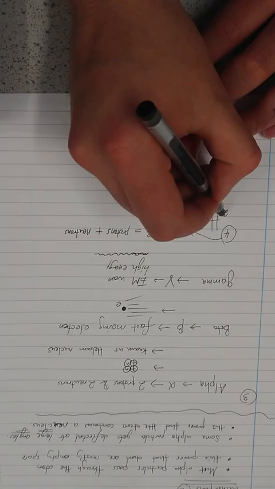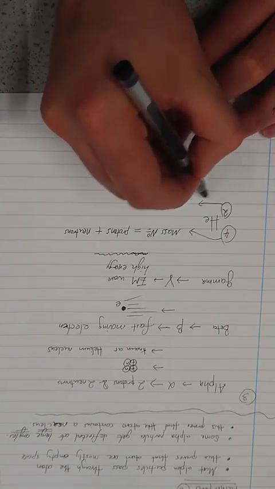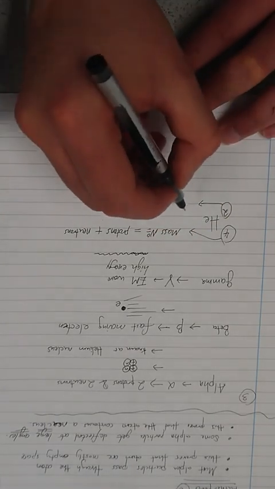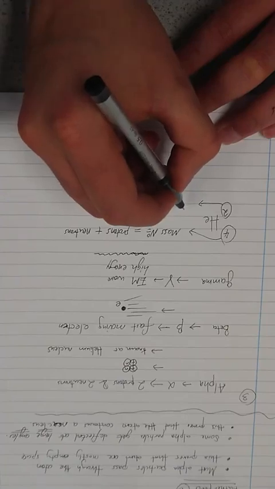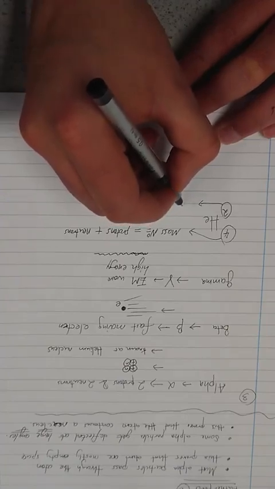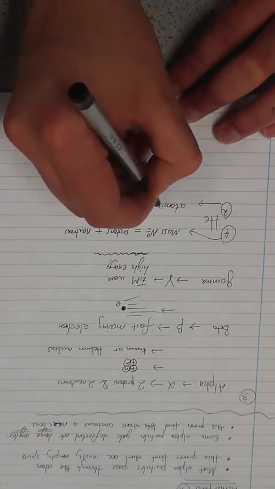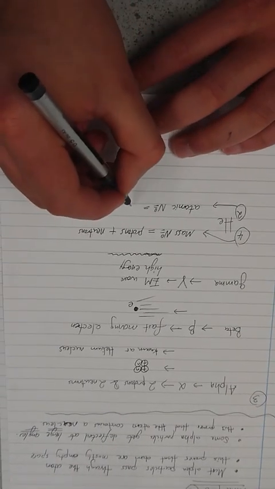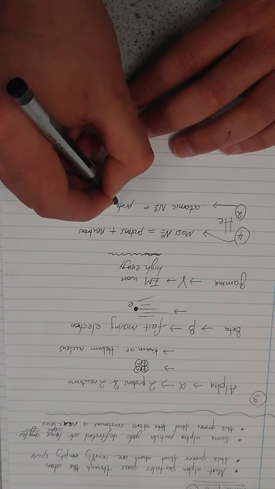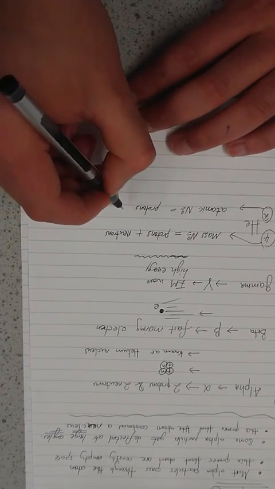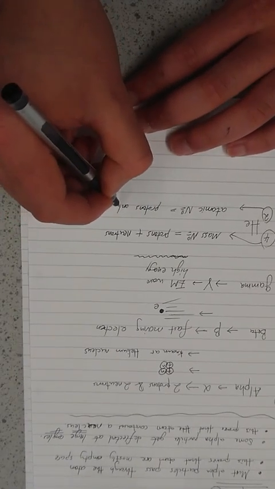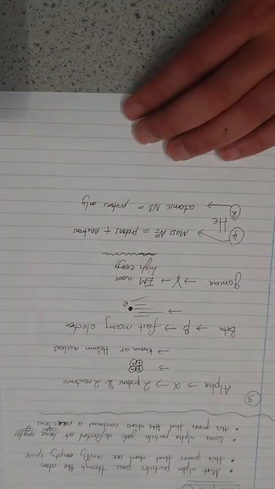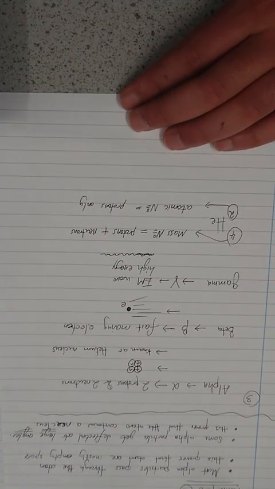And the bottom number is called the atomic number, and this one is the number of protons only. Okay, good.